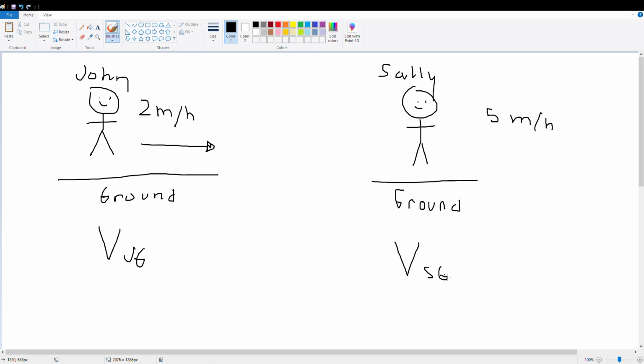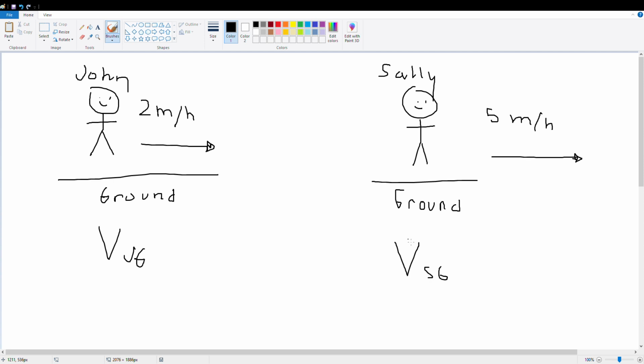So here's a question. What is Sally's velocity relative to John? Also, Sally is also moving right, by the way. So what is Sally's velocity relative to John? Because Sally is moving faster than John, every hour she's moving 3 miles ahead of him.